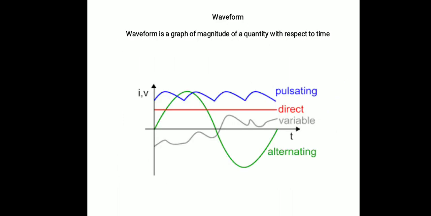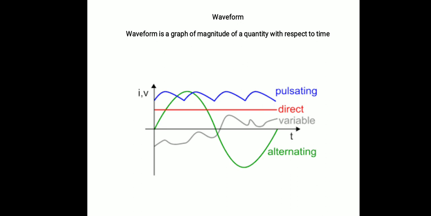Next one is the waveform. There are different types of waveforms given here. One is the pulsating waveform, given in blue color. One is the direct waveform or DC waveform. One is the variable waveform, and another one is the alternating waveform.